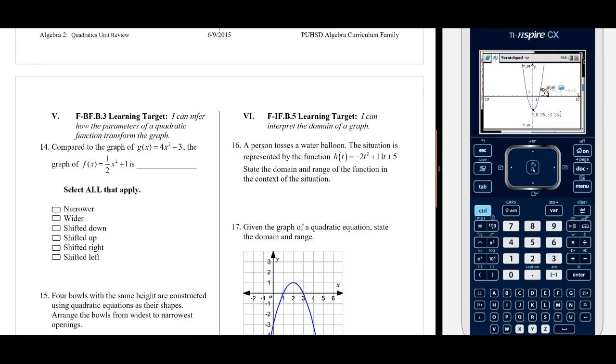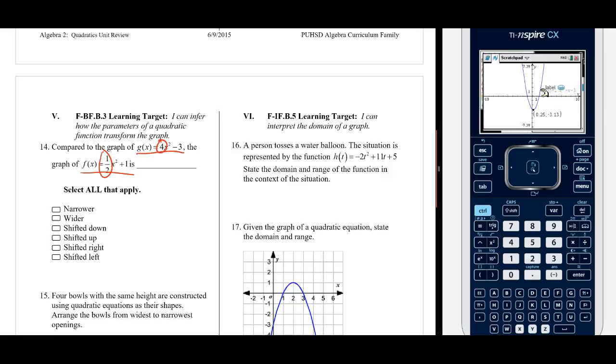Compare the graphs of g(x) = 4x squared minus 3 to f(x) = 1/2 x squared plus 1. Select all that apply. So I'm comparing g of x to f of x. When I move from g to f, I notice that my a value goes from 4 to 1/2.